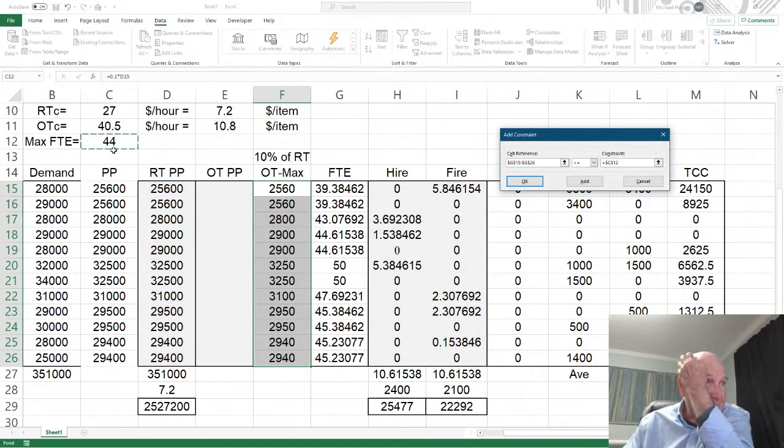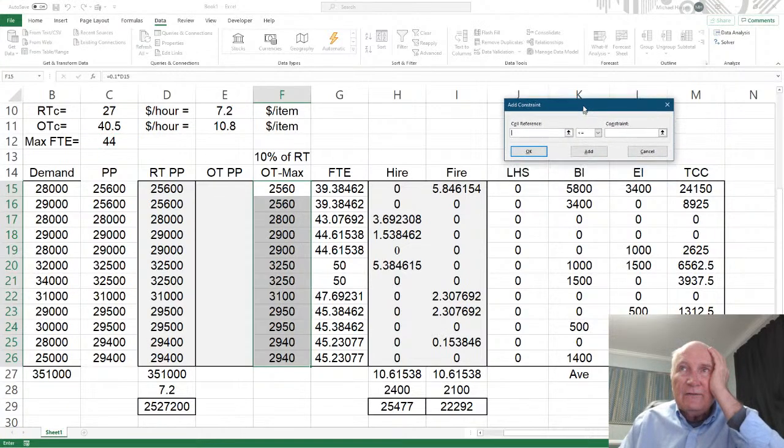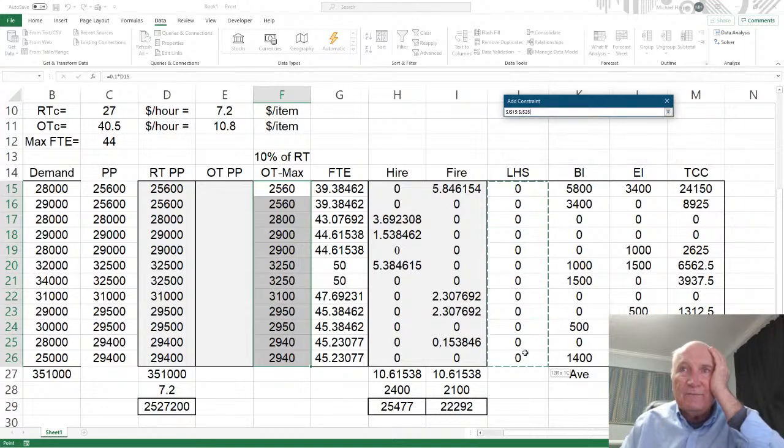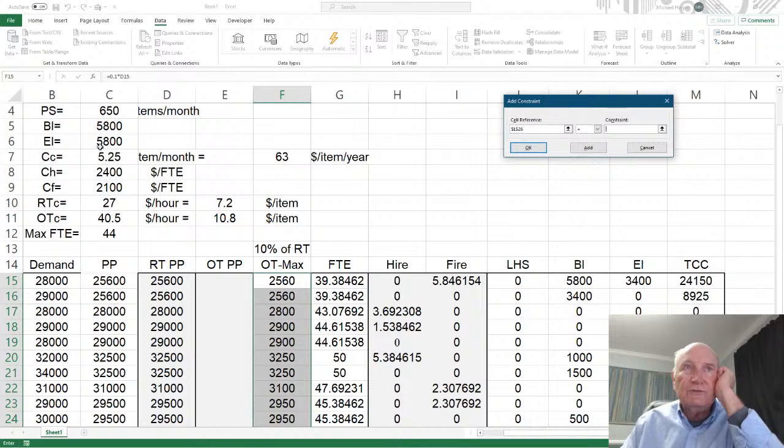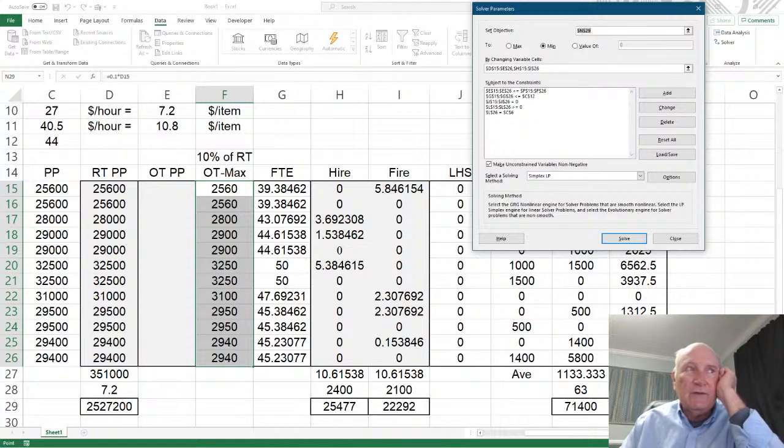So we have that. Okay. And then add. And then we have our left-hand side here is going to equal 0. And then add. Our ending inventory here is greater than or equal to 0. And then add. And the final ending inventory of the year is going to equal our target up here, which is 5,800. Okay. And there they are.